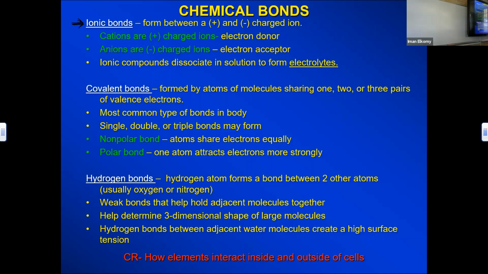Whenever you have something with a positive charge, you have a cation, or a positive charged ion, and then you have an anion, a negative charged ion. They are drawn together. They do like to hold on to each other's hands through that electron and form what we call an ionic bond.